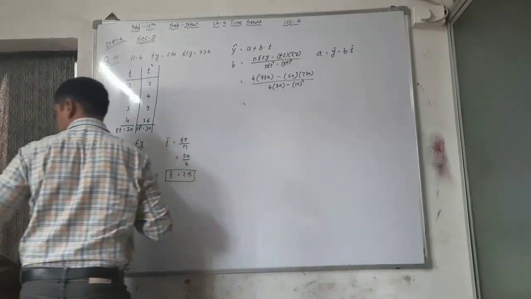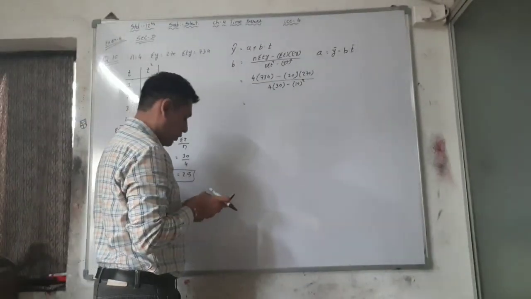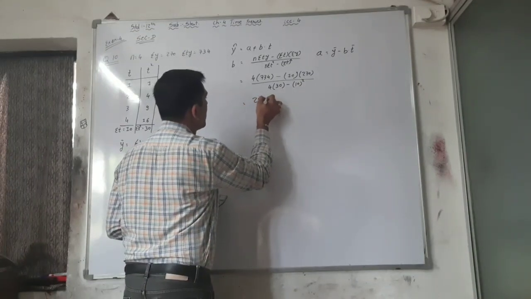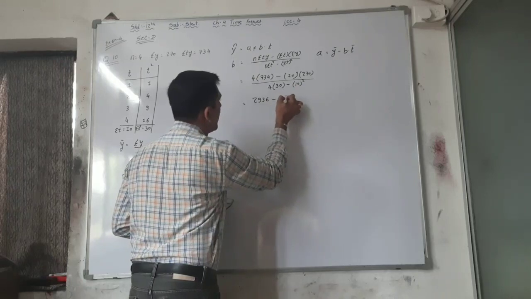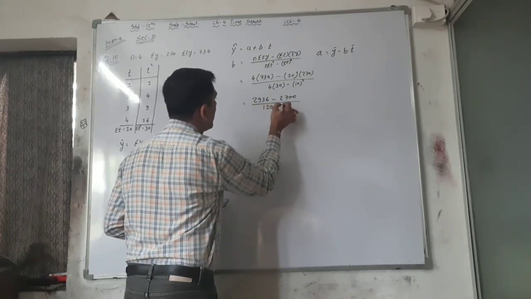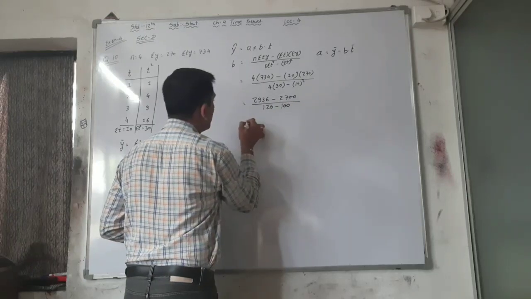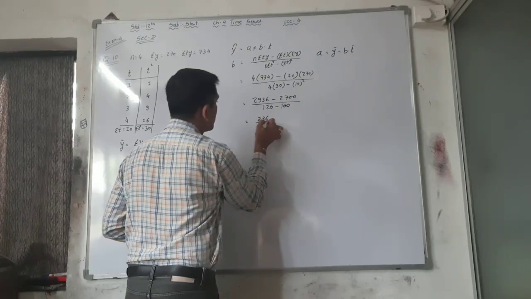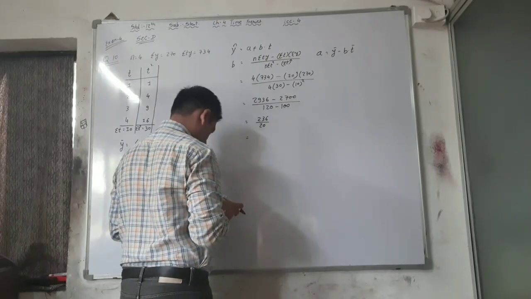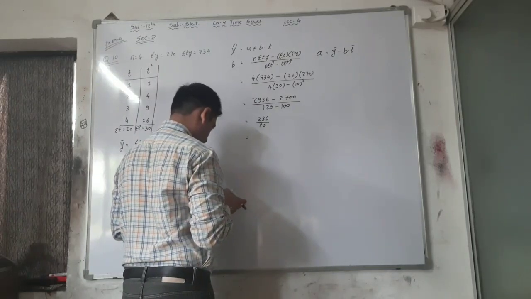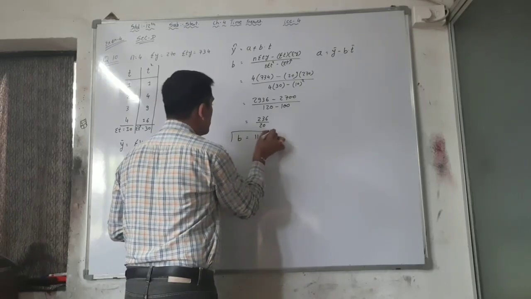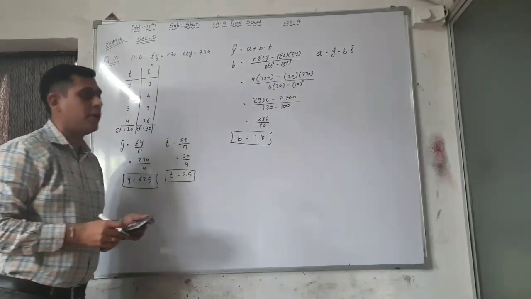Now simplify it. 4 into 734 is 2936 minus 2700, divided by 120 minus 100. 236 divided by 20 is 11.8. Here your B is equal to 11.8.